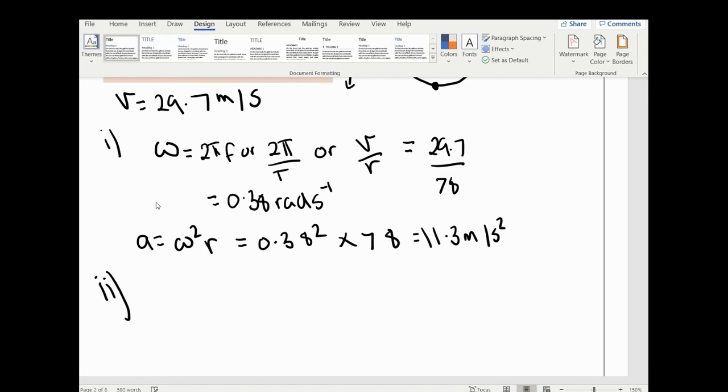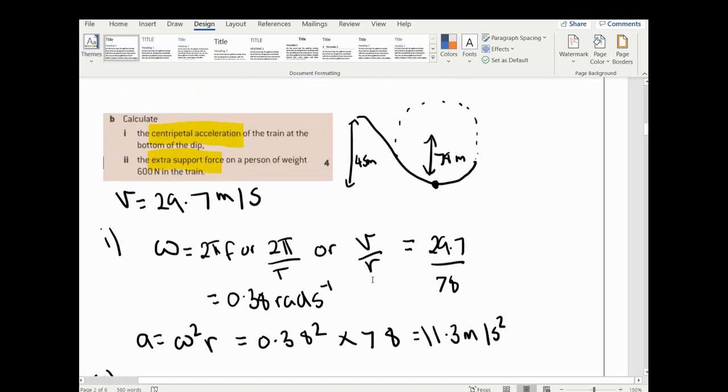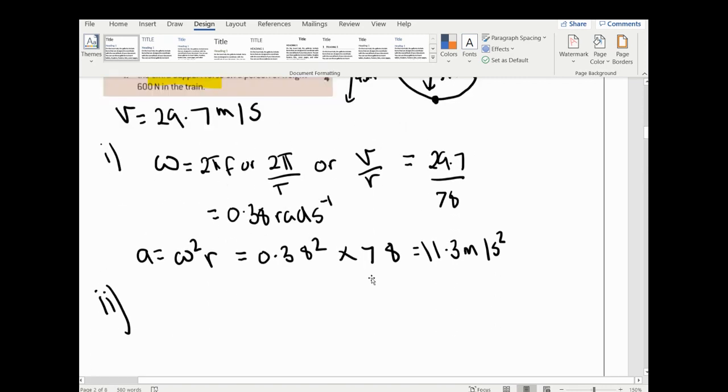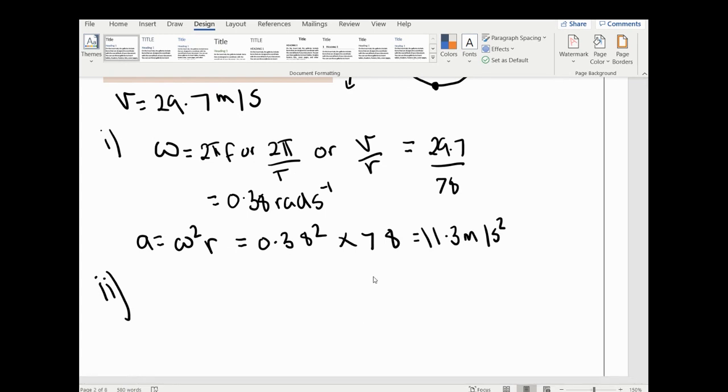So it wants the extra force on the person to actually get this going. So let's look at the bottom here. At the bottom, I have mg and I have this tension, this reaction force.